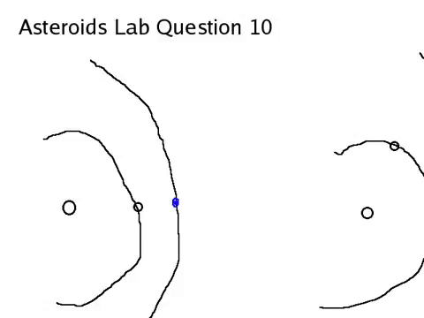Okay, so here we have case A. And then we have case B. Okay, and the question is, how many times brighter is the asteroid in question in case A than in case B?